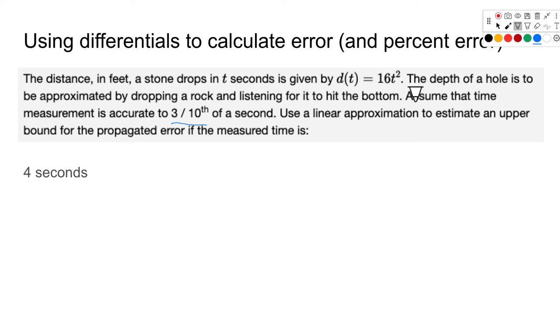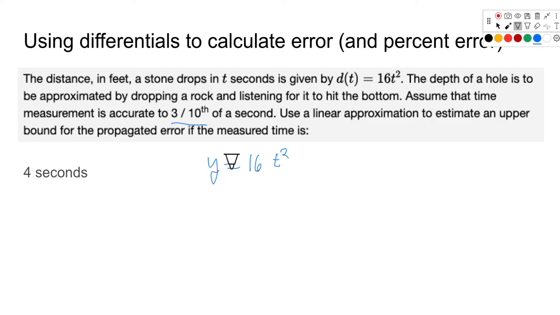Instead of d(t) equals 16t squared, we're going to go with y. We could leave t, or you could change it to x. I have a problem: if I change it to x, I might put my answer in as x, and then the system marks me wrong. So I'll leave it as t.